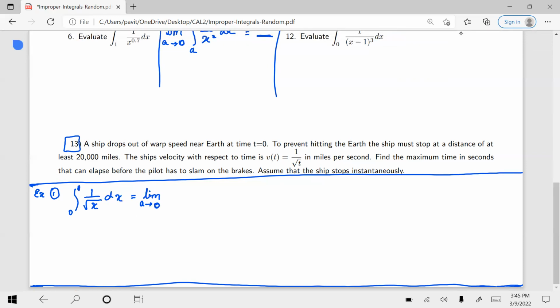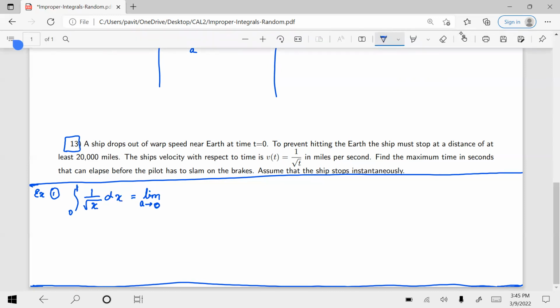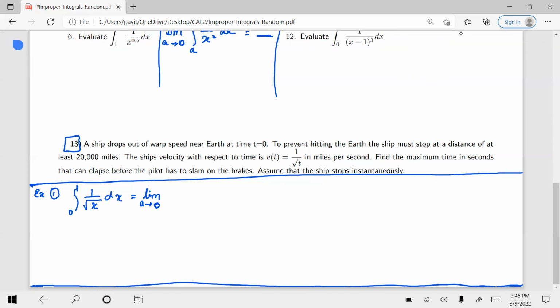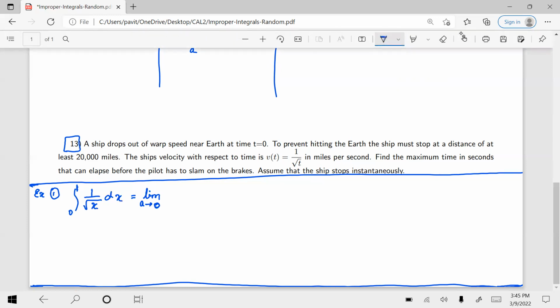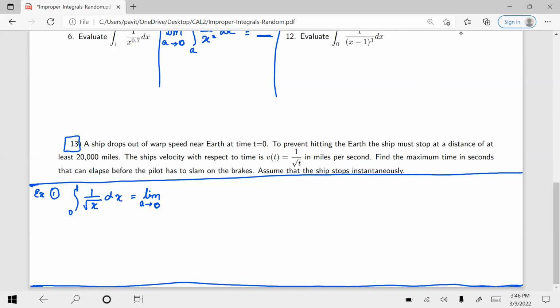Why not 1? That's because I don't have any problem at the point 1. When I plug in 1 to the function, it will give me answer as 1. So I do not have a problem with the upper limit, but I have a problem with the lower limit, that is 1 over 0. That's why I have to introduce a number which is very close to 0.